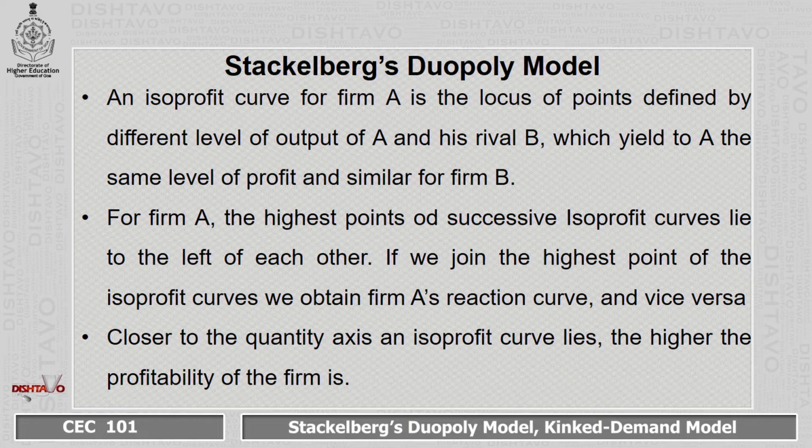If we join the highest points of the isoprofit curves, we obtain firm B's reaction curve. So the closer the isoprofit curve is to the quantity axis, the higher the profitability of the firm. The further the isoprofit curve is from the axis, the firm would incur a loss or a lesser profit.